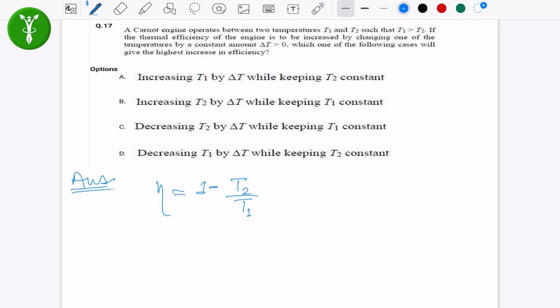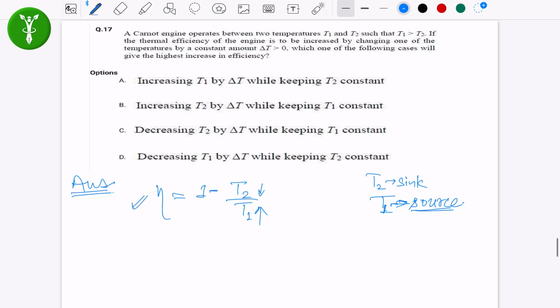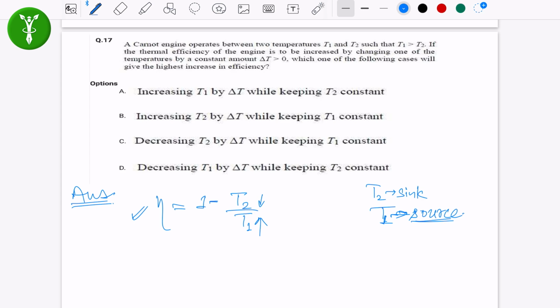Here T2 is the sink temperature and T1 is the source temperature. Now see that increasing T1 and decreasing T2 both increase the efficiency, but in the question it has been asked in which of these cases efficiency will increase the most.